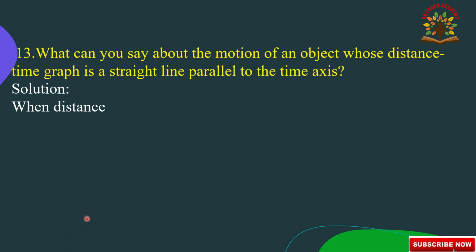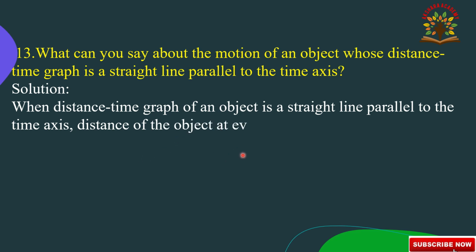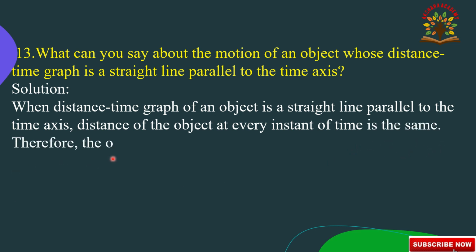When the distance time graph of an object is a straight line parallel to the time axis, then the distance of the object at every instant of time is the same. Therefore, the object must be at rest.